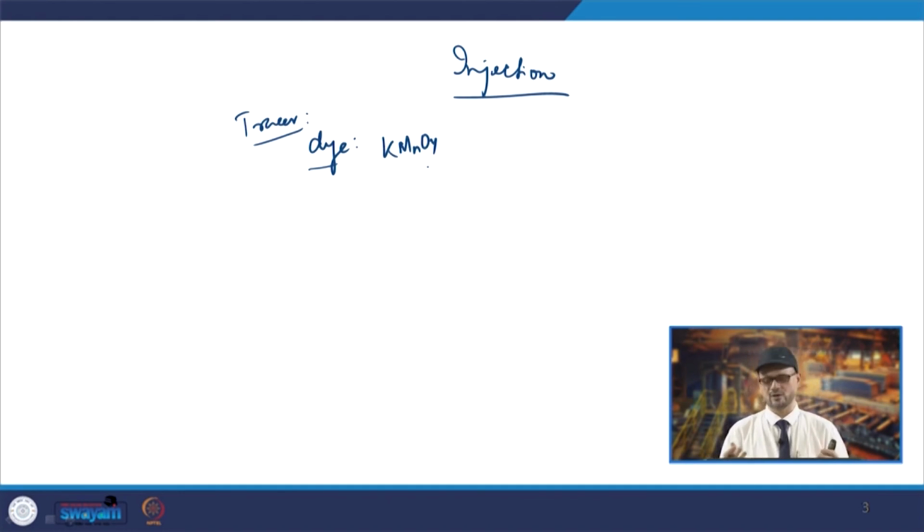Or you have other neutrally buoyant fine particles which are used as tracer particles. It may be silver coated glass bubbles also, which will go into the flow and float. They will be injected into the flow, and then their flow is observed and traced.